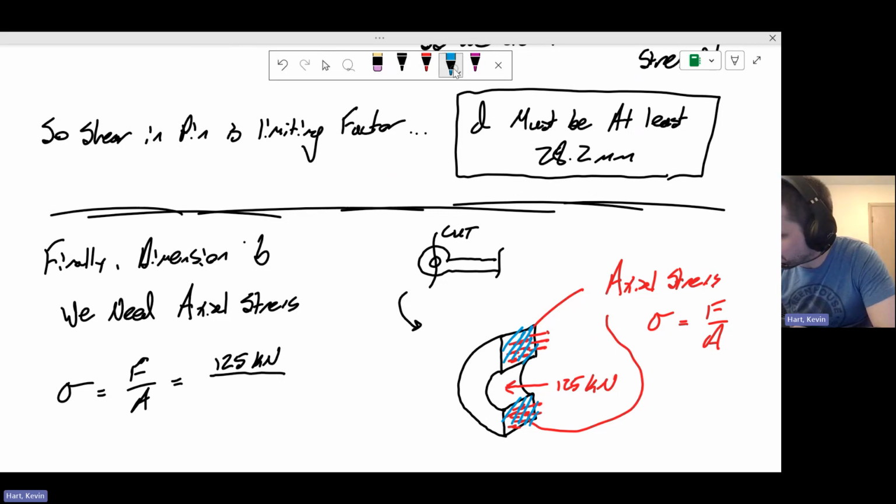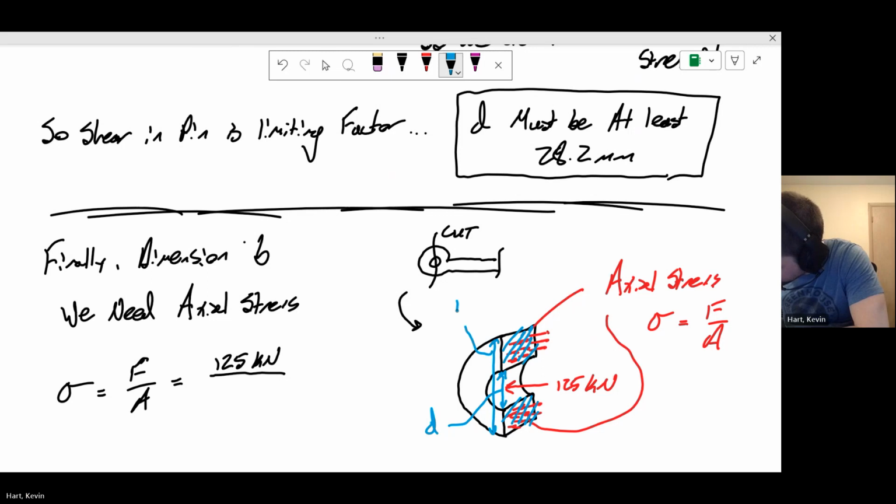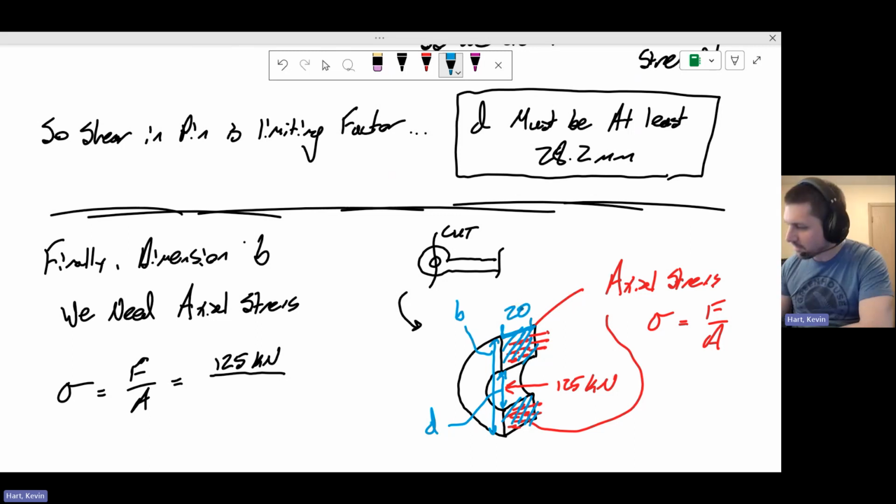Well, let's look at some of the dimensions over here. I know this to be the dimension D, the diameter of the hole or the diameter of the pin that we're going to use. And then I know this full dimension here to be the dimension little b. Sort of the thickness of this particular guy, this is the dimension T, which I know is 20 millimeters.